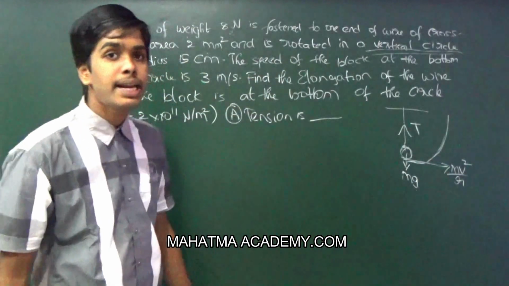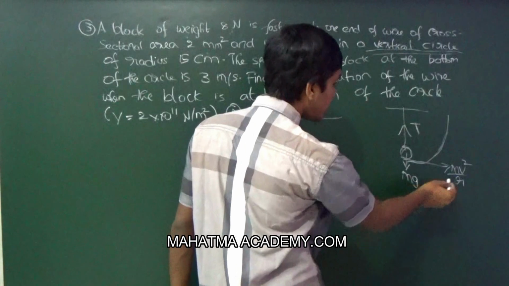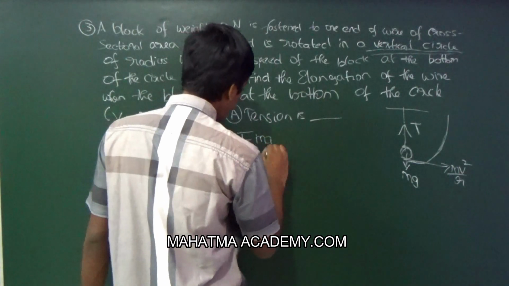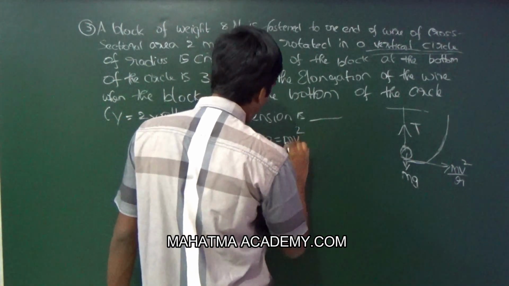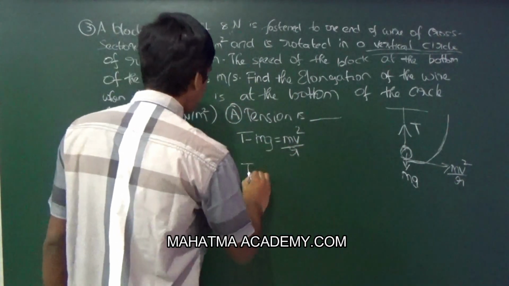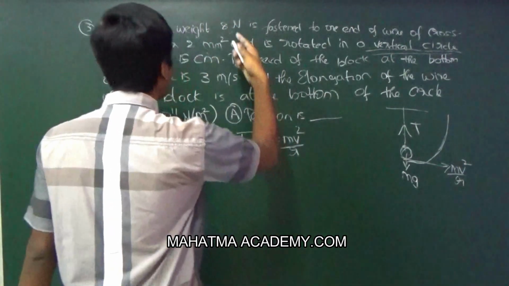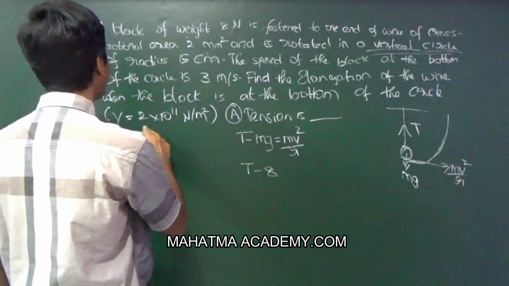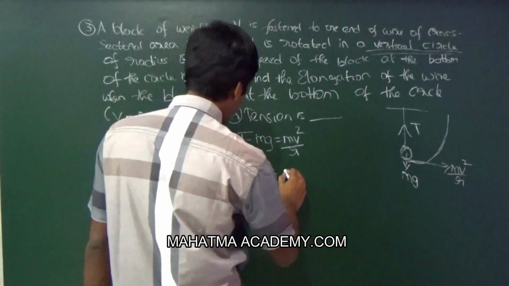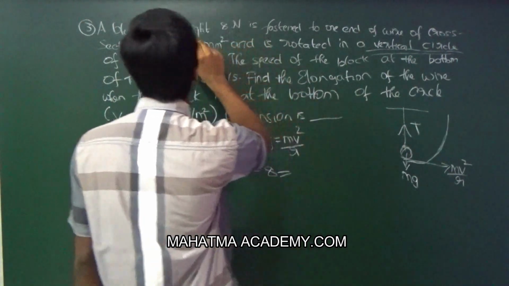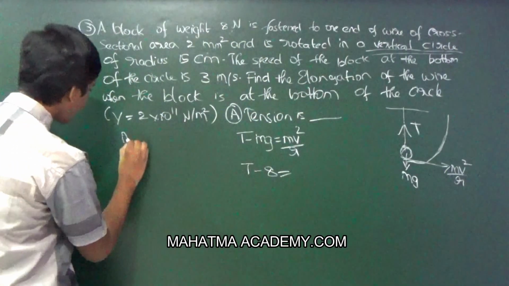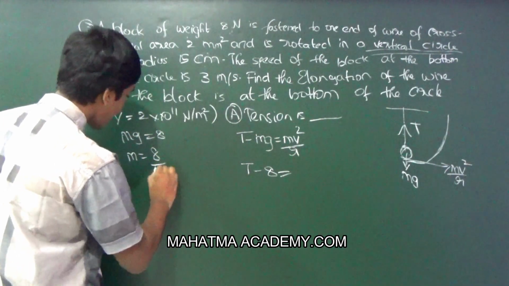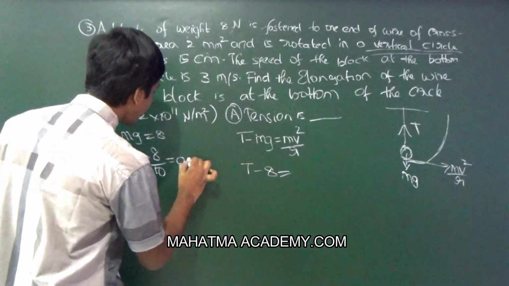From the free body diagram, T minus mg is equal to mv square divided by r. Here mg is 8, so m is 8 by 10, that is 0.8.